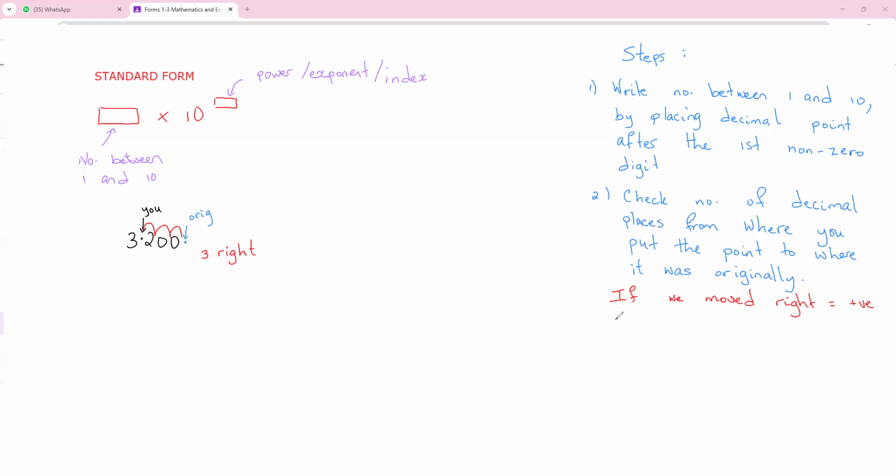But if we move left, negative. Right? So that means we moved 3 places right, so that's positive 3.